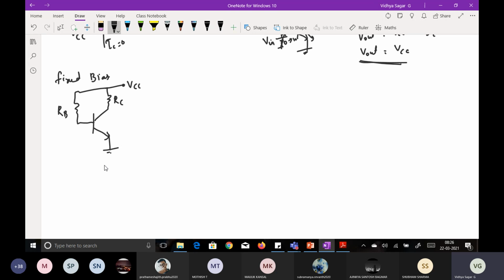So this is your circuit for biasing your transistor. It means that I'm going to make sure that the operating point is fixed. For that purpose, I'm biasing the circuit.